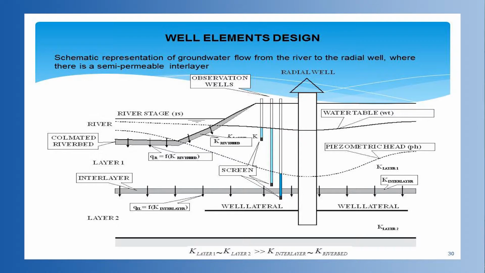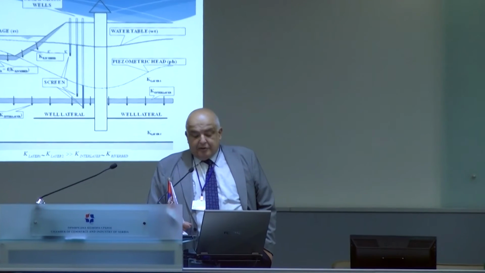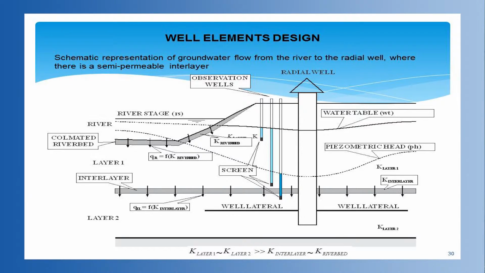And to find out what is the potential of this well or this future well, you must find out the nature of colmated river bed, permeability of it, and also the difference between horizontal and vertical coefficient of permeability. Aquitard should be clay, or maybe even calcrete, or something like that.